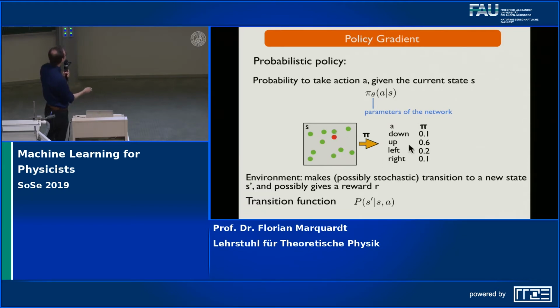And I guess I already implemented this. So the value of pi is 0.6 in this case. So the policy has the highest probability to move up for this particular state. If I place my robot at a different position, maybe above one of these green circles, above one of the treasures, then the probability to go down should be largest in an optimal policy.